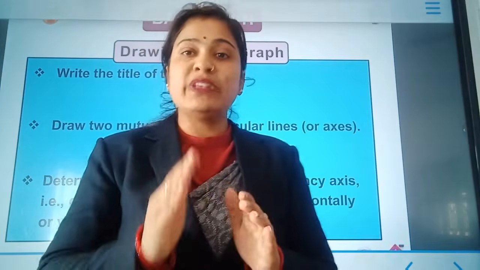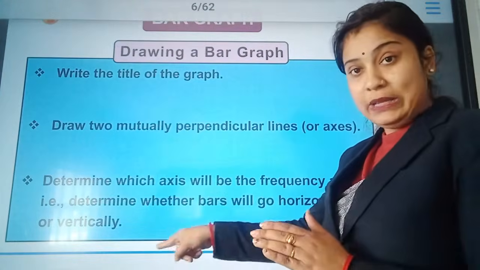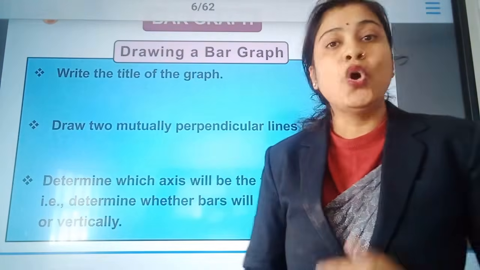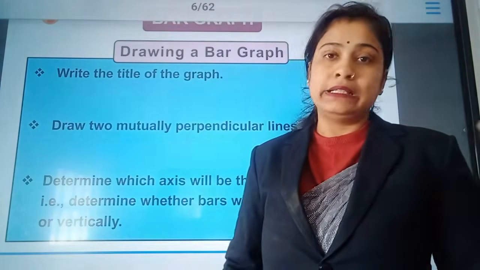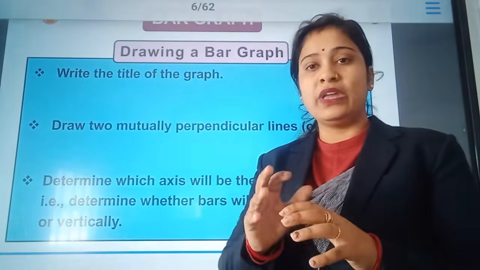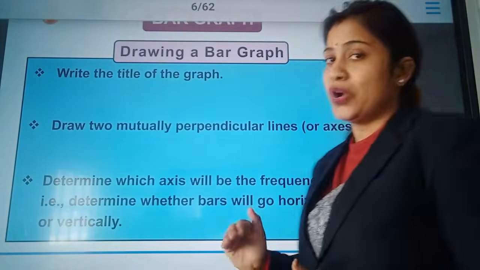If the frequency is taken along the y-axis, then the bars will be vertical. If the frequency is taken along the horizontal axis, then the bars will be horizontal. Depending upon the axis on which we take the frequency, we categorize the graph as a vertical bar graph or a horizontal bar graph.